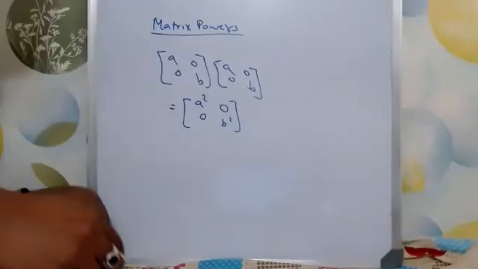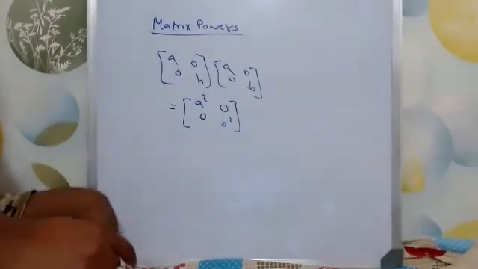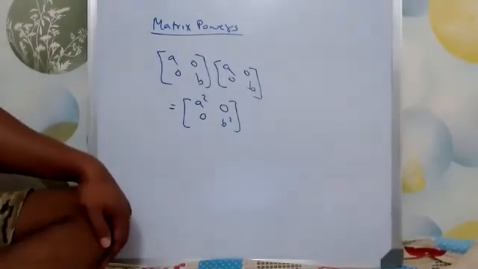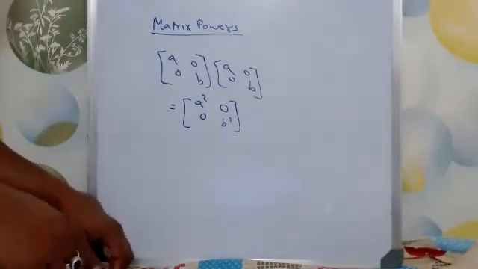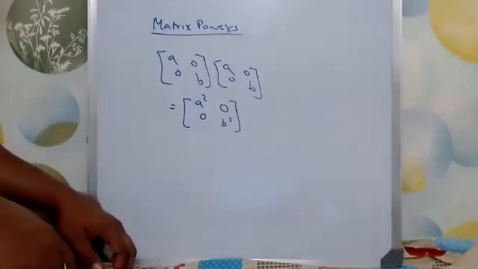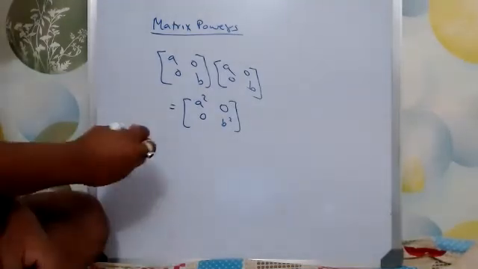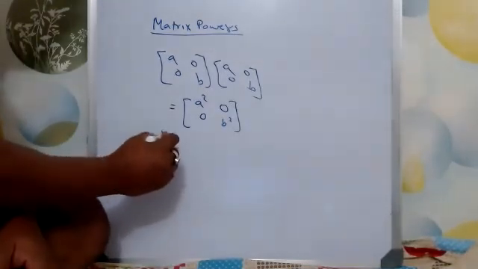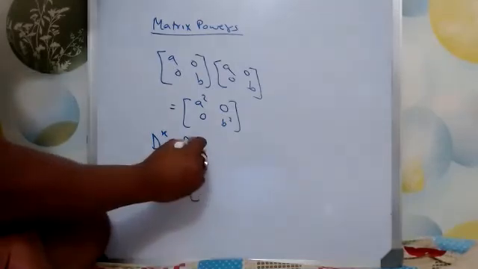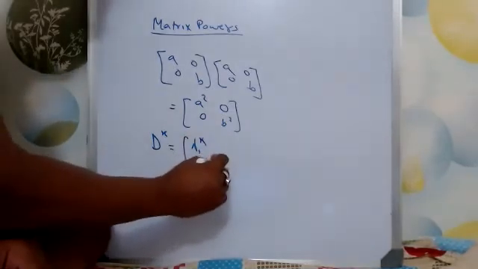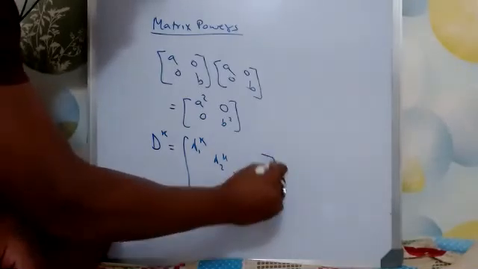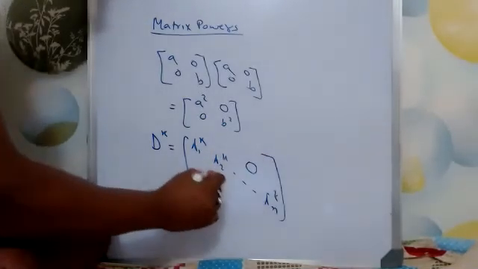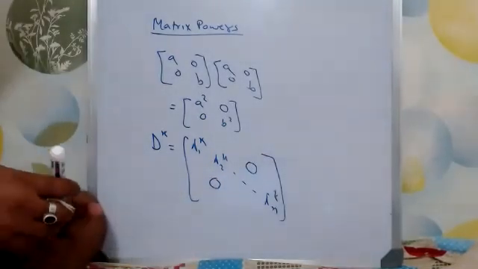So it has been observed that raising the power of a diagonal matrix is directly equal to raising the power of its diagonal values. That means D to the power k will be lambda 1 to the power k, lambda 2 to the power k, and so on up to lambda n to the power k, and all other entries will be 0. It is that easy.